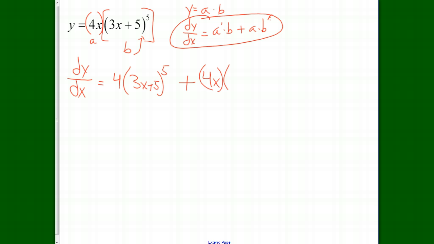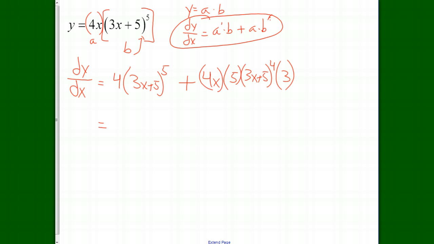Now, to take the derivative of function b, we need to do the chain rule. So exponent of 5 out in front, multiplied by the 3x plus 5 to the 4th power, multiplied by the derivative of the inside function. So the derivative of 3x plus 5 is 3. Okay, this is the product rule with a chain rule thrown in.